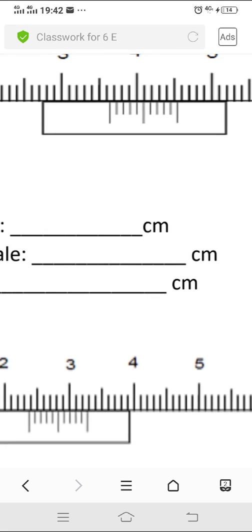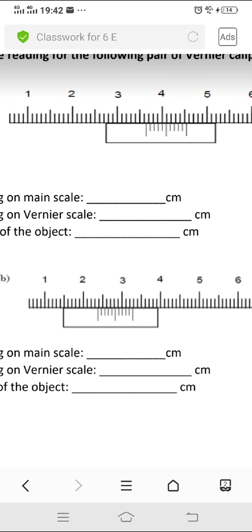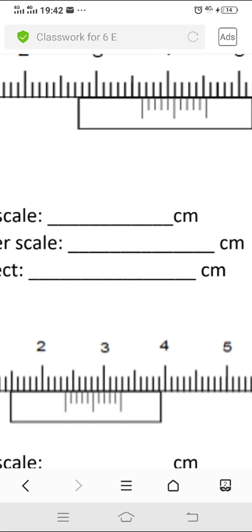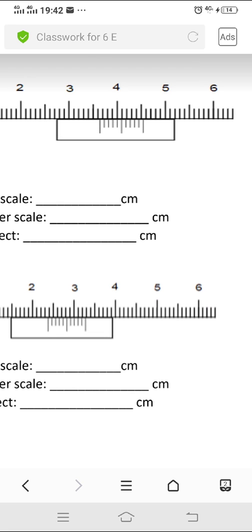Now have you seen that over here the lines are calibrated? It's written what this line stands for: this line stands for 1, this line stands for 2, and this line stands for 3. But for the vernier caliper, the values with the lines are not written, right? The calibration value isn't written.